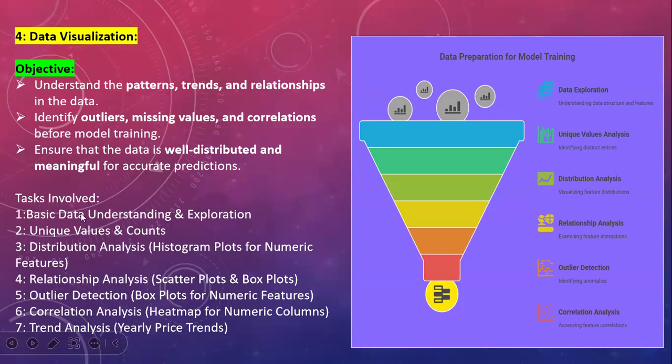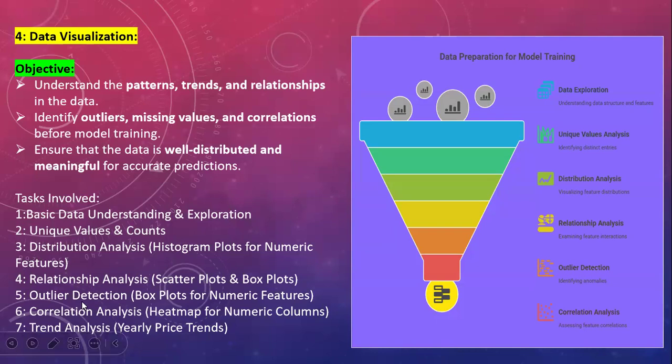First it shows basic data understanding and exploration of the data set, including how many unique values there are. Then distribution analysis, using histogram plots for the numeric features of the car price prediction data. It also shows relationship analysis using scatter plots and box plots, which show any outliers present in our current data set.